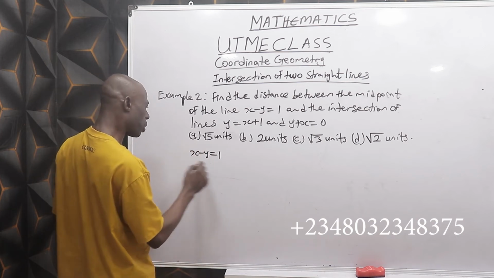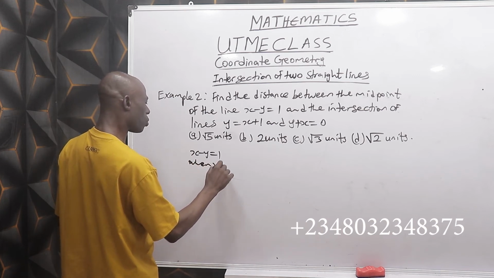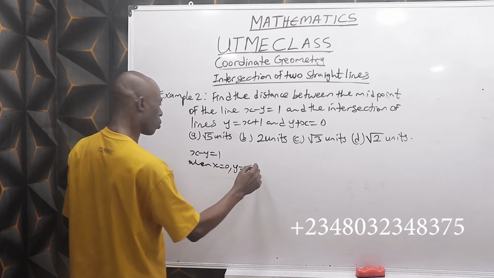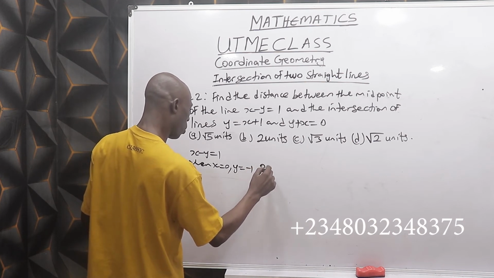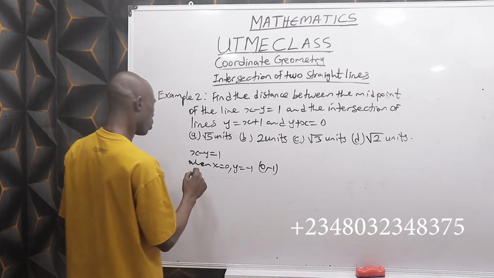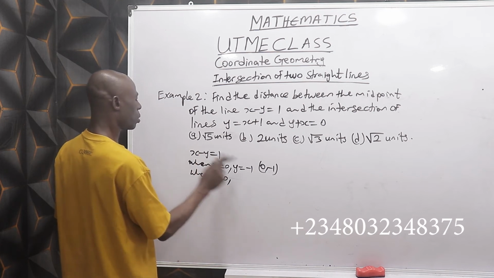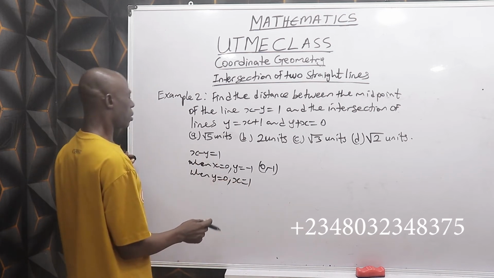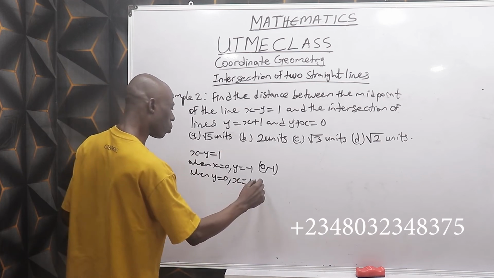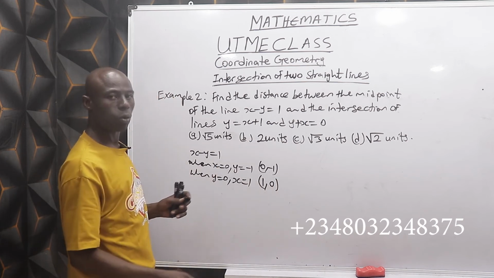Its midpoint will be when x equal to 0, y will be equal to minus 1. So we form 0, comma, minus 1 as a coordinate. So when y equals 0, you can see x is equal to 1. So we form 1, comma, 0 as the other coordinate.